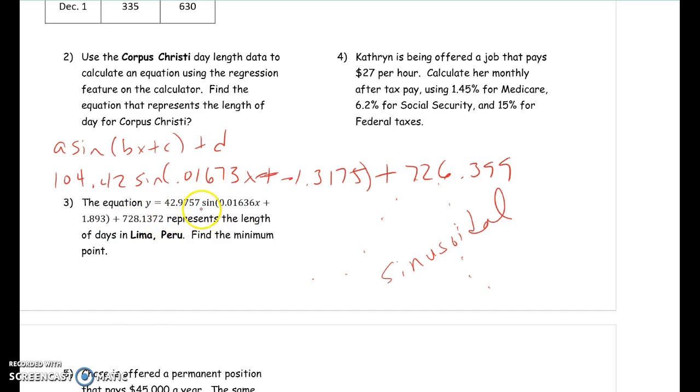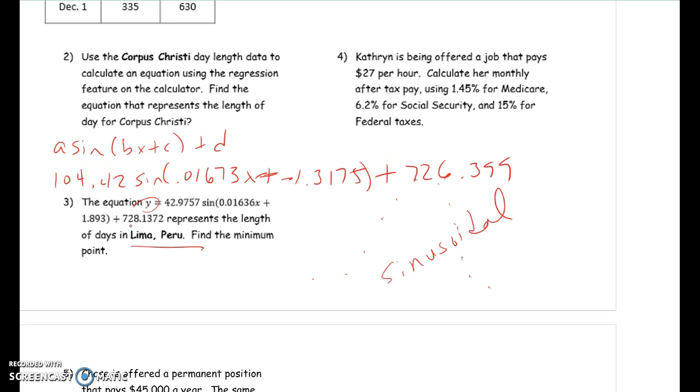The equation blah, blah, blah, blah, blah represents the length of the days in Peru. And then it wants you to find the minimum point. So basically what I'm going to do is just reset my calculator at this point. So second plus 7, 1, 2. Resetting everything so that I can just go type this into y equals.